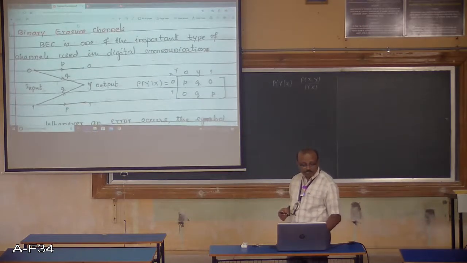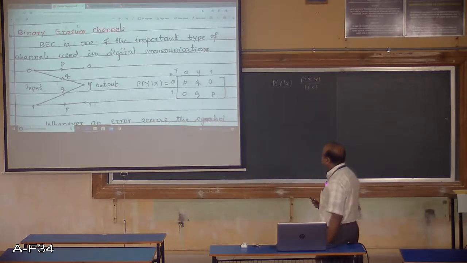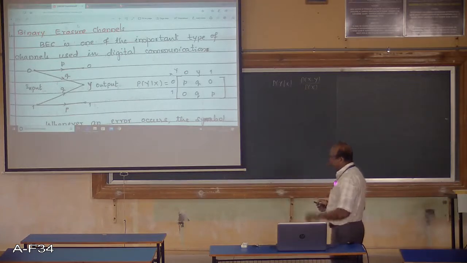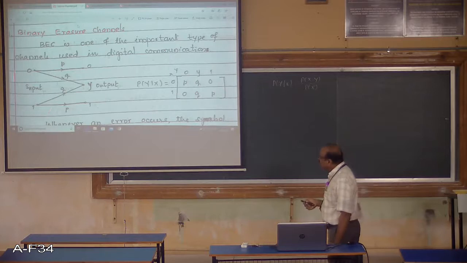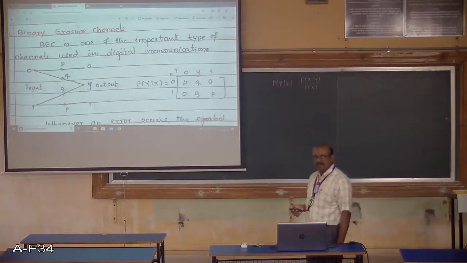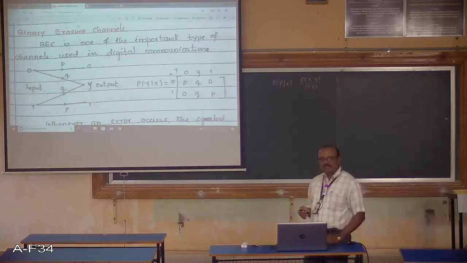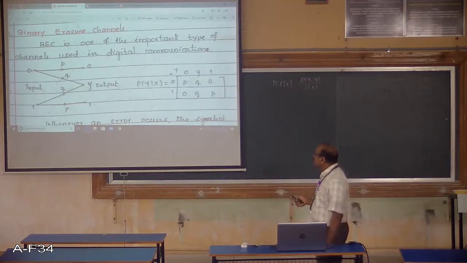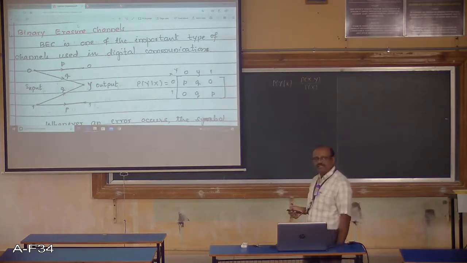Third type of special channel is the binary eraser channel. Now here, the transmitted elements are binary, and the received will also be binary, but there is something called a third value. We can think of this as a tri-state: a 0 state, a 1 state, and a third state, neither 0 nor 1.